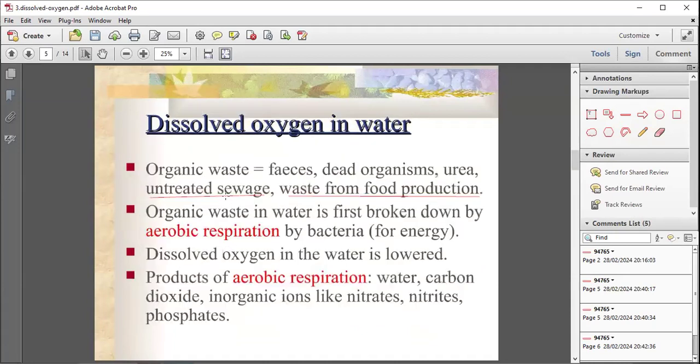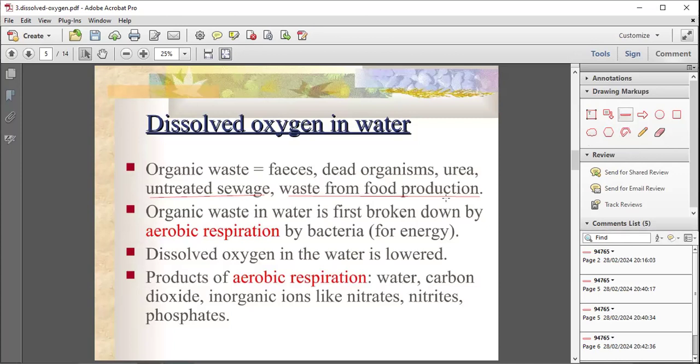What is the meaning of organic waste? This is the dead organism, urea, waste from food products. Organic waste in water is first broken down by aerobic respiration by bacteria for energy. Products of this one are also important.